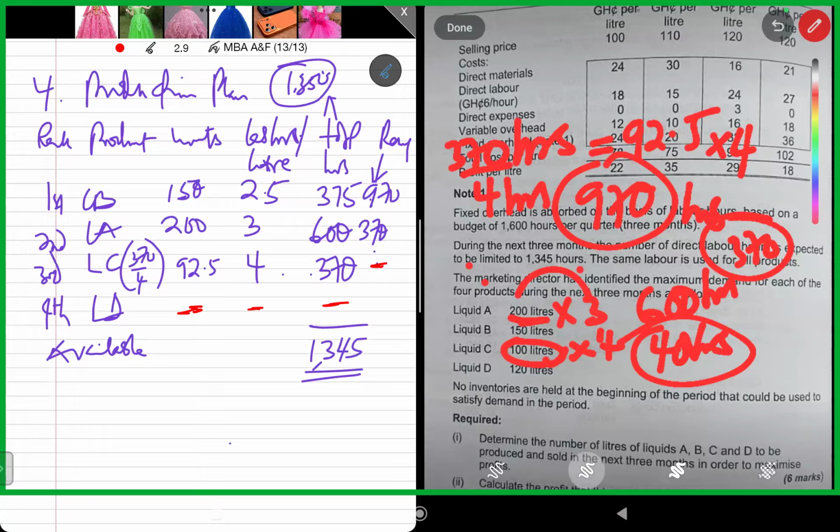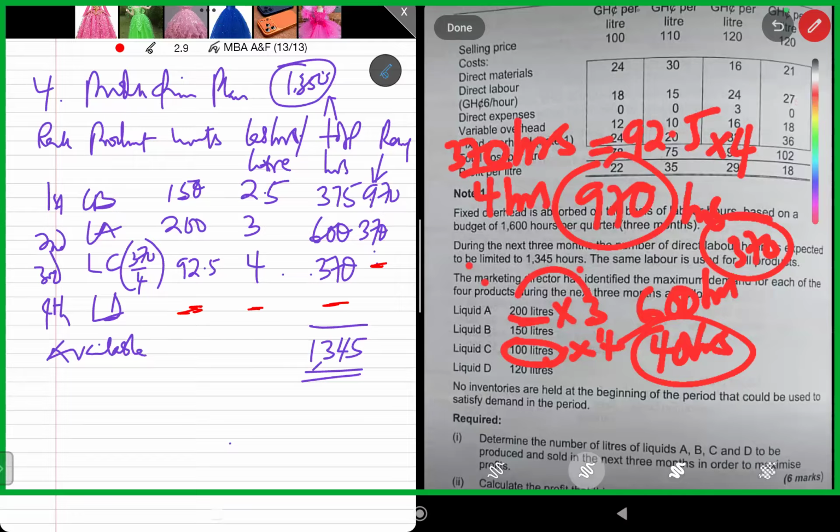Meanwhile, liquid D is bringing us a contribution of 12 cedis, whereas the others are going to bring us contributions of 22 cedis, 15.33, 15.23. So that is the best. That is the production plan. The business must produce 150 for liquid A, liquid B being the first on the rank.